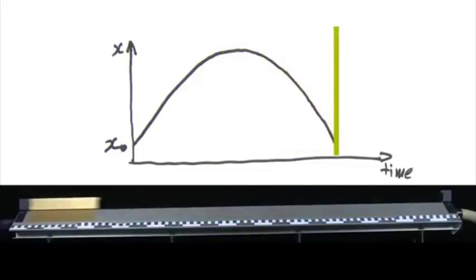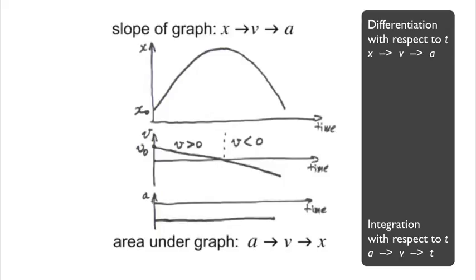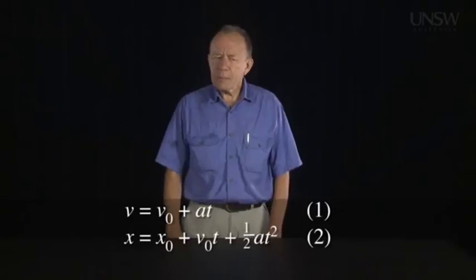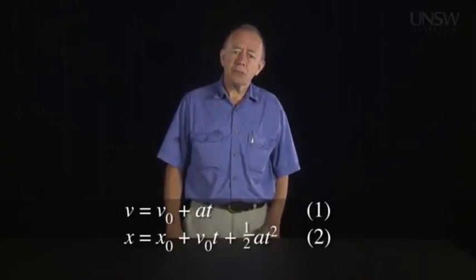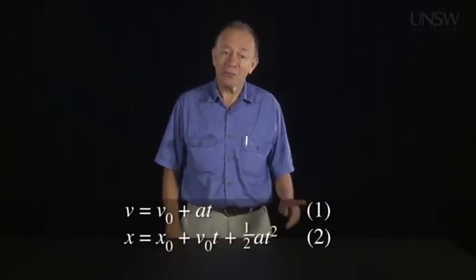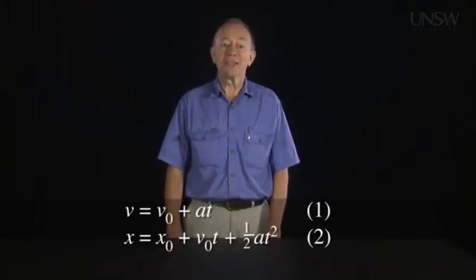Incidentally, we went from displacement to velocity to acceleration by looking at the slopes. Previously, we went in the other direction by looking at the area under the curves. We've spent some time on these equations because they're so useful, as you'll find out when you do the problems in this quiz.